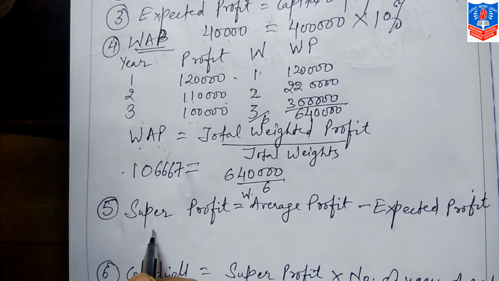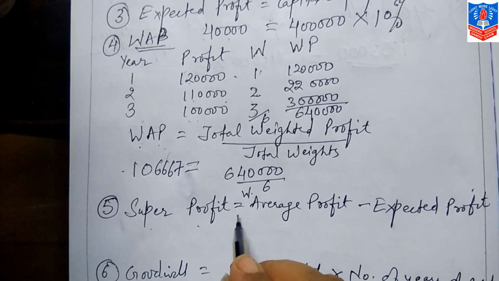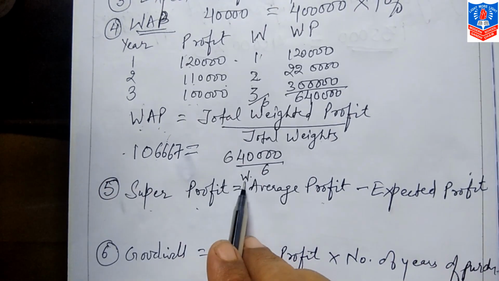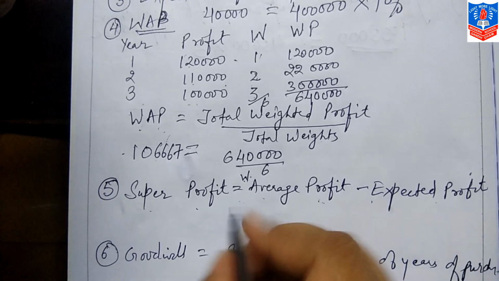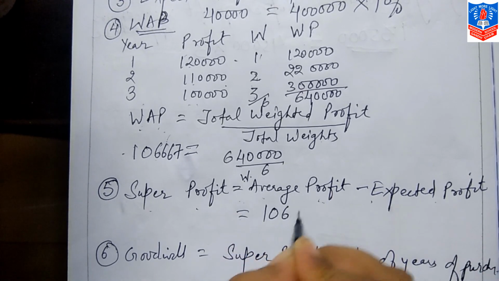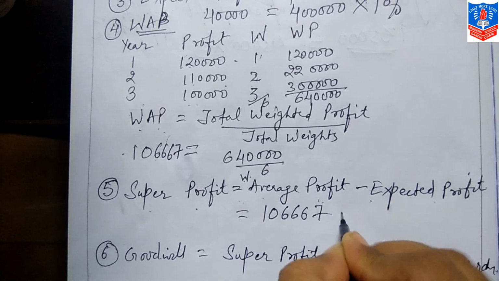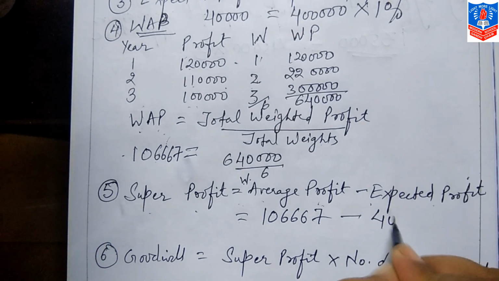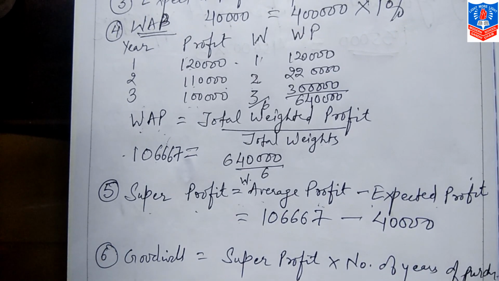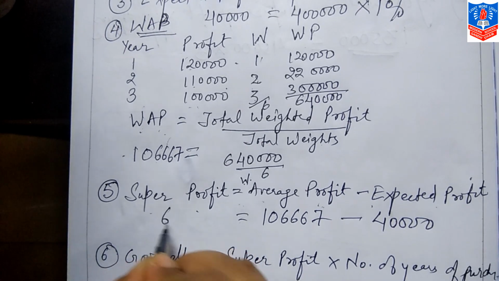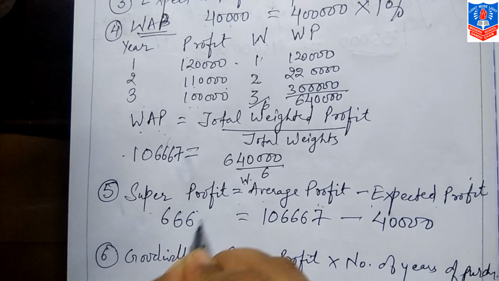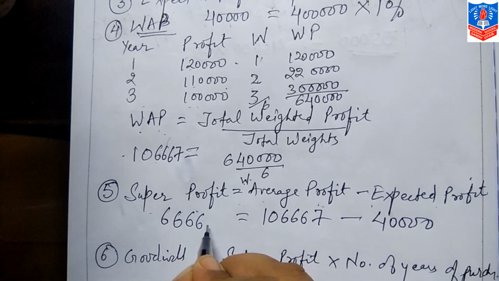Next, step number 5, super profit, whose formula is very simple. Average profit, in this case the weighted average profit, minus expected profit, that is 1,06,667 minus the expected profit we have already found out, 40,000. So minus 40,000 out of it, you get super profit of 66,667.